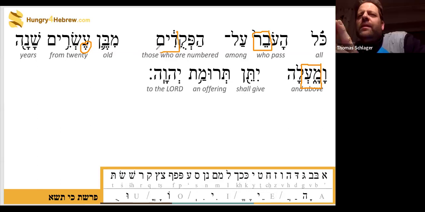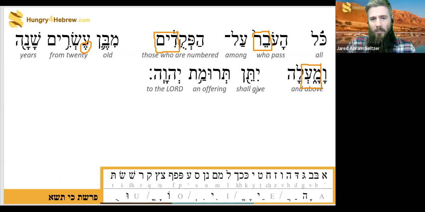Here's another one. Team, long vowel. I think that's yiten. There's another one. It's okay to get a long vowel in a closed syllable if it is stressed. It is stressed. So this is going to be a closed syllable. Va-ma-la, va-ma-la.